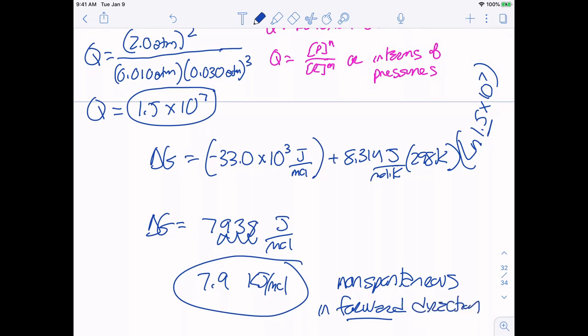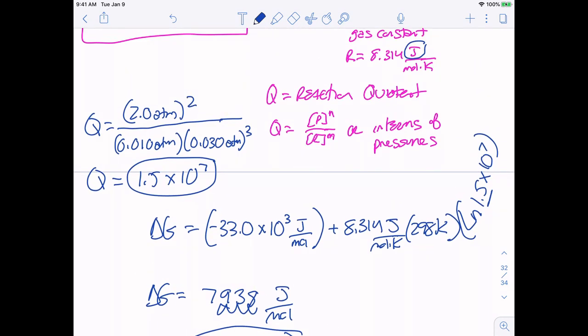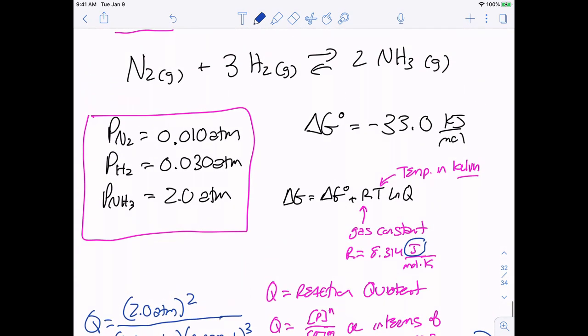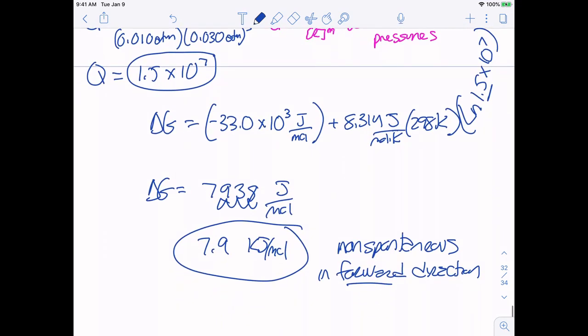Right, when we set up our reaction quotient, Q, we did products over reactants, and we made these the products. So because we did it that way, this answer is in the forward direction, right? Products are our products. So it would be spontaneous in the reverse.